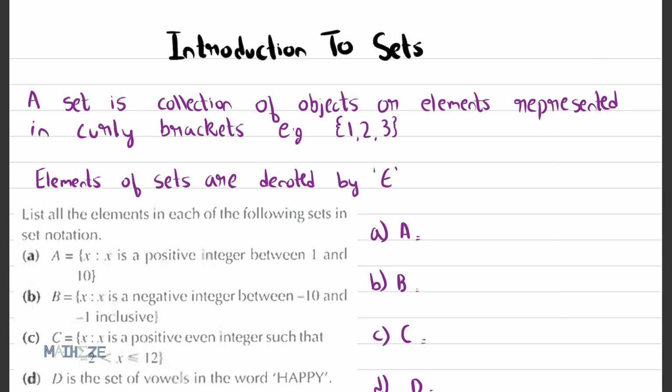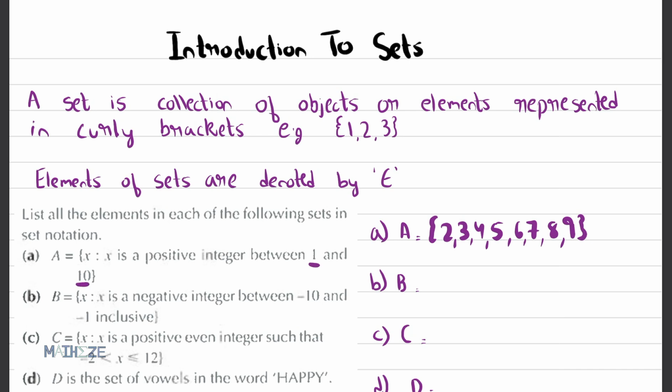Part A, it says x is a positive integer between 1 and 10. Write set A. So my set A will be, guys, 2, 3, 4, 5, 6, 7, 8, and 9. Why? Because it says between 1 and 10.